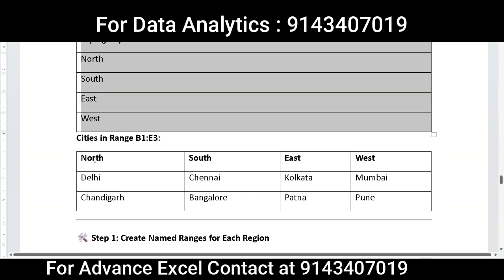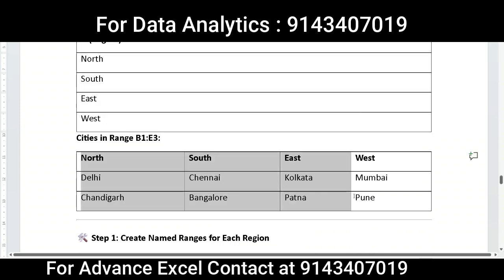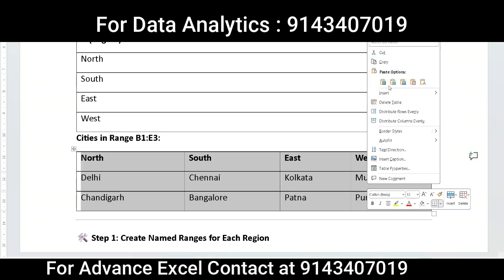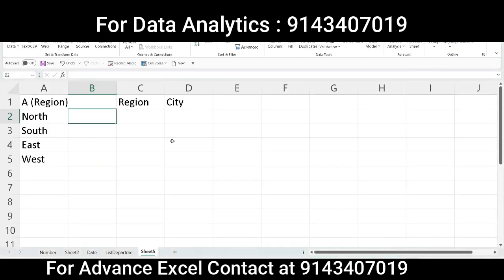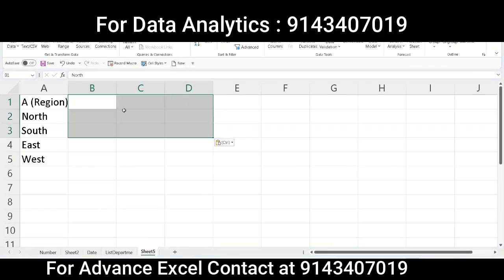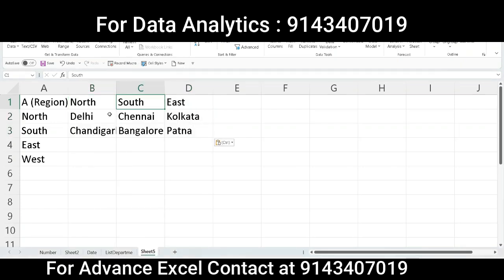Let's say again I just write it. I'll just delete this one, and again I'll write. Now here I am giving the list. Now create a region here.